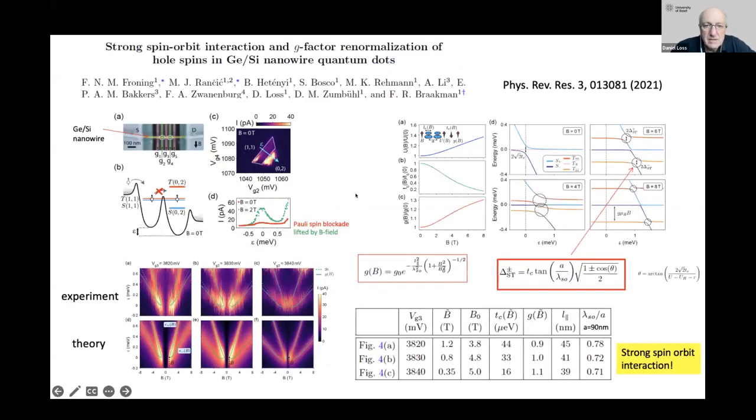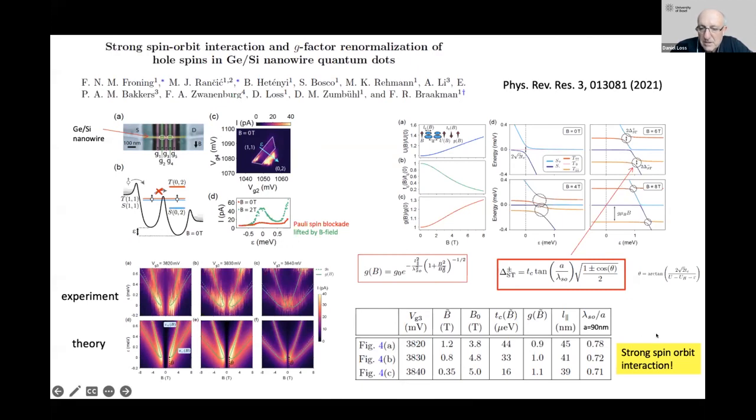So here is another set of experiments done by the Zumbühl group in Basel, my home institution, where a germanium-silicon core-shell nanowire was gated and shown to behave as a quantum dot and show coherent oscillations, confinement, as you can see here in these plots, and that they have very strong spin-orbit interaction, which one can read off from the spin-orbit splitting of levels in the quantum dot.